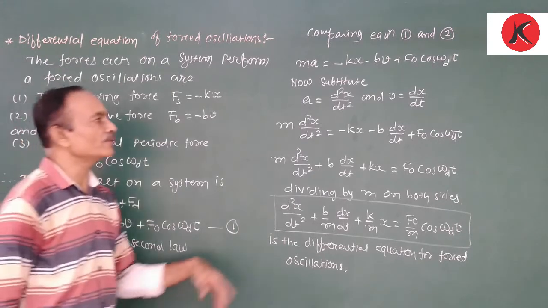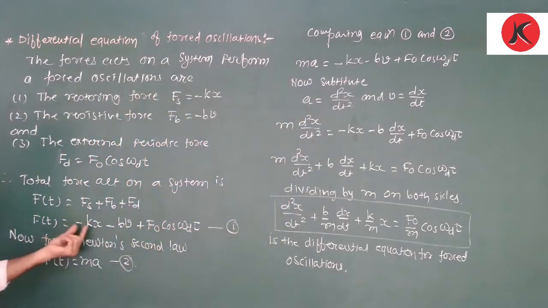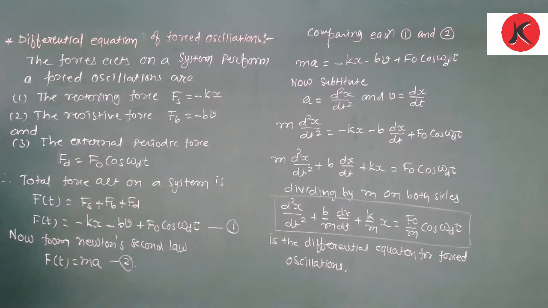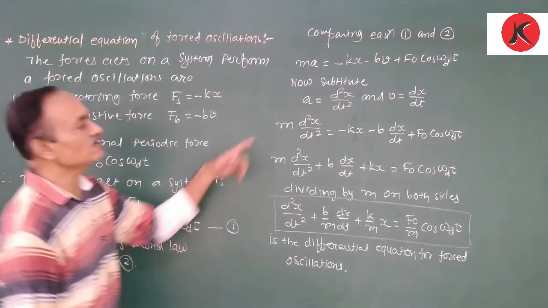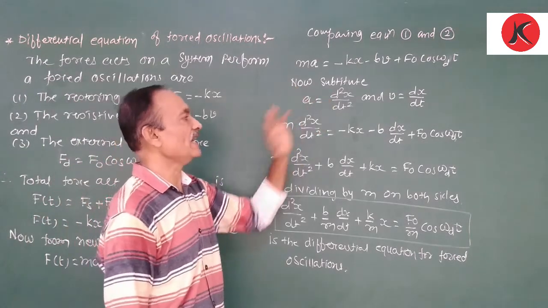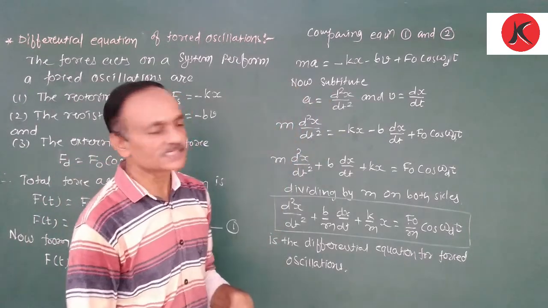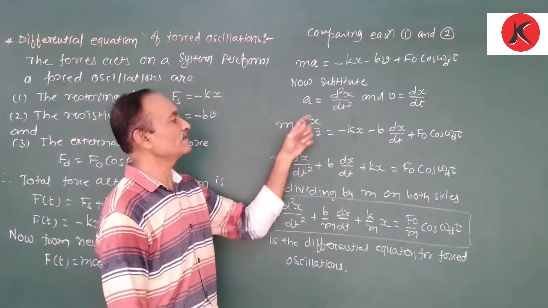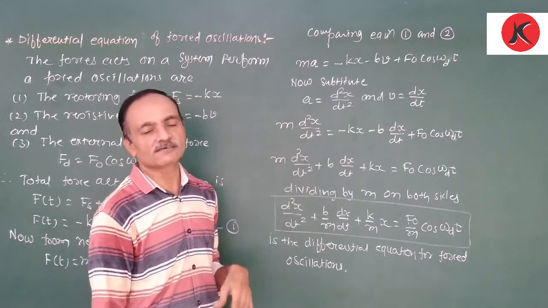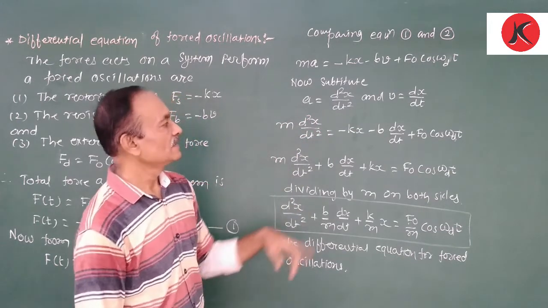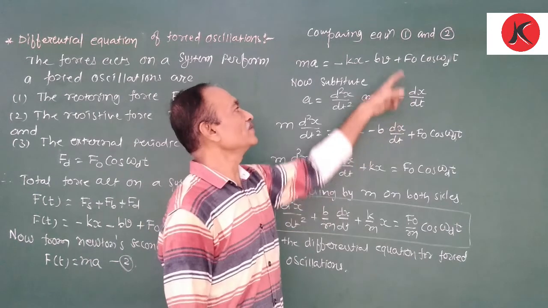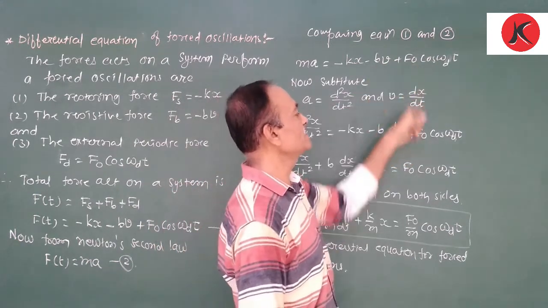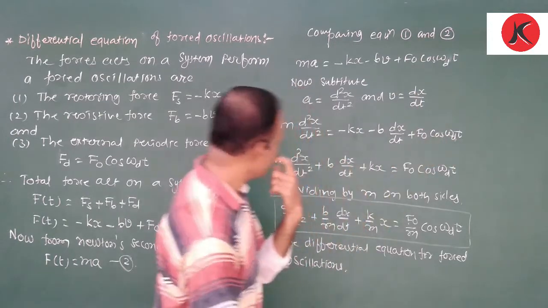Comparing equations 1 and 2, ma is equal to minus kx minus bv plus F0 cos omega d into t. Now substitute a as d square x upon dt square and v is equal to dx by dt. Therefore, we obtain m into d square x upon dt square is equal to minus kx minus b into dx by dt plus F0 cos omega d into t.